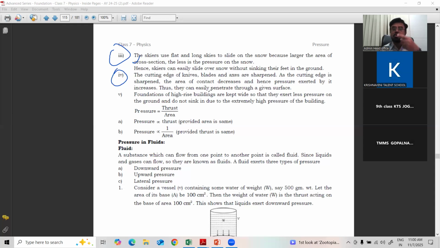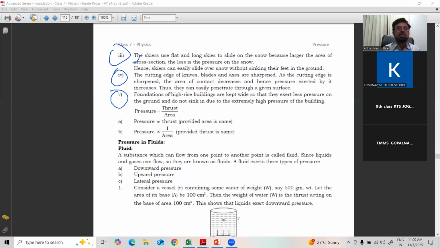That is the reason we need to sharpen our knives or axes again and again. The pressure exerted increases, thus they can easily penetrate through the given surface. As long as you keep the axe sharp, you can cut wood easily. As long as you keep the knife sharp, you can cut vegetables easily. Because by sharpening, the area of contact decreases, and automatically it increases the pressure. You can do your work easily.